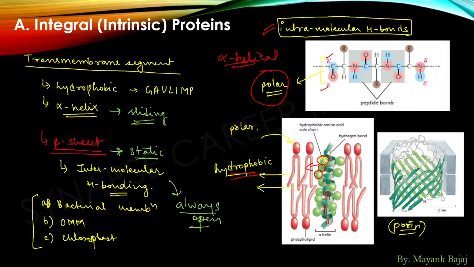Ligand अगर आएगा तो they would be opening the channel or they would be passing the signal or something like that. There would be a conformational change. However, beta sheet में there could not be a conformational change because of the intermolecular hydrogen bonding. So this is the reason why we say that pores are always open and channels जो हैं वो open या close होते हैं as per the requirement of the cell, right?